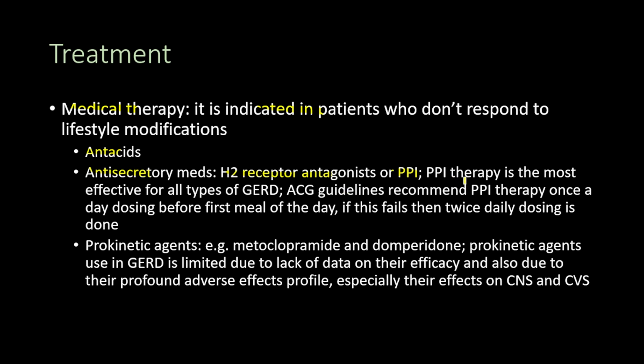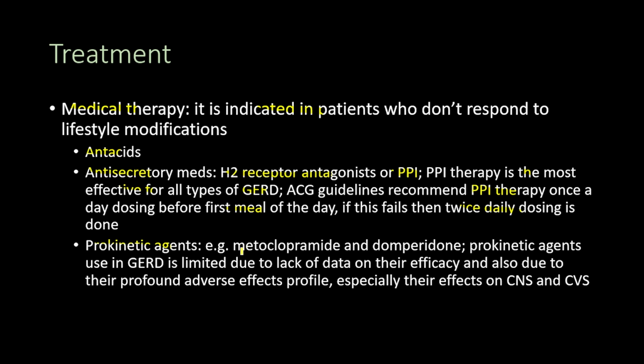Now, the proton pump inhibitor therapy is the most effective for all types of GERD. And the American College of Gastroenterology guidelines recommend the proton pump inhibitor therapy once a day dosing before the first meal of the day, and if this fails, then twice daily dosing is done. Now in the medical therapy we have the prokinetic agents.